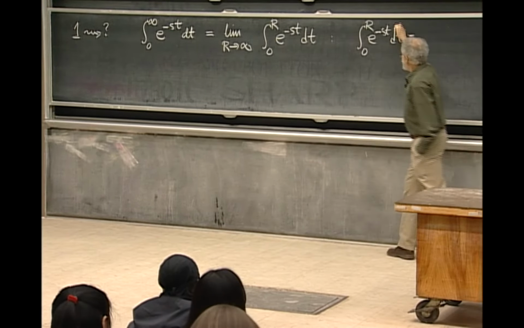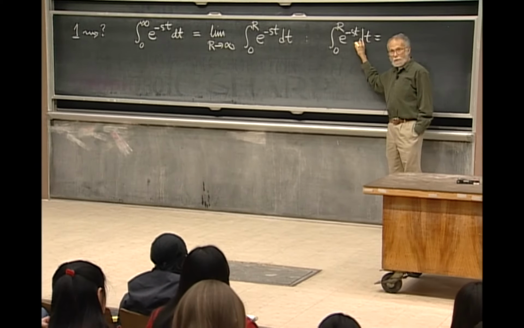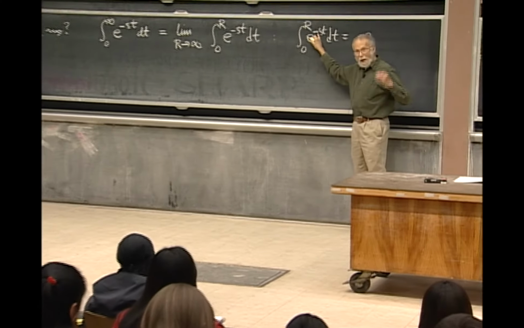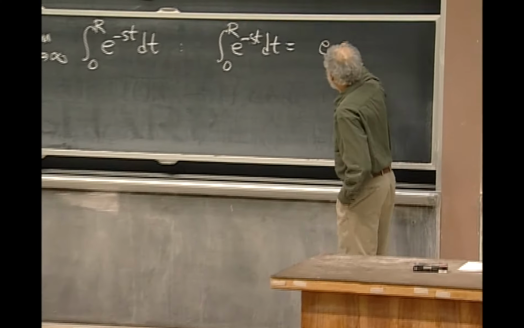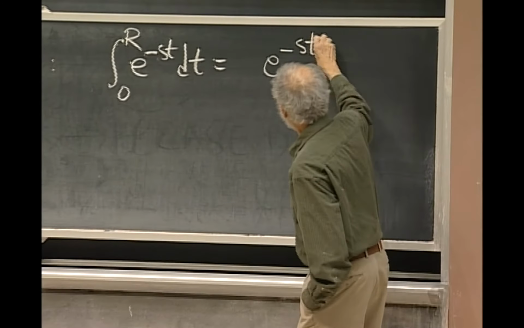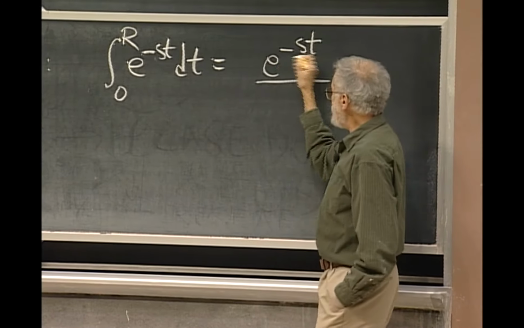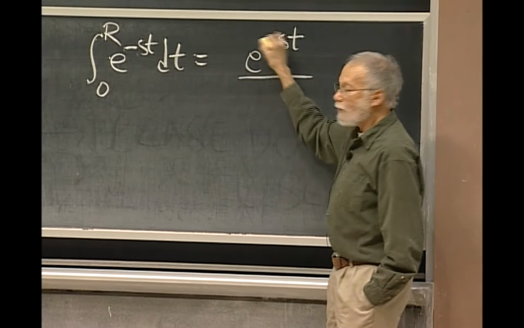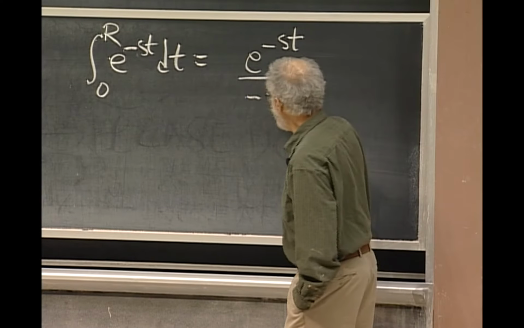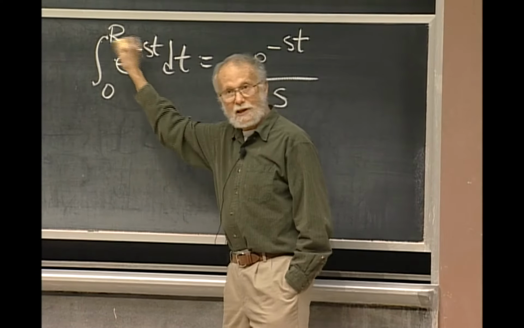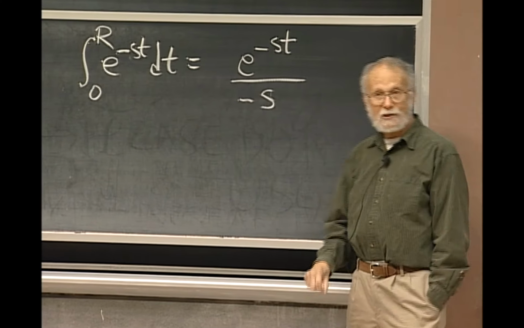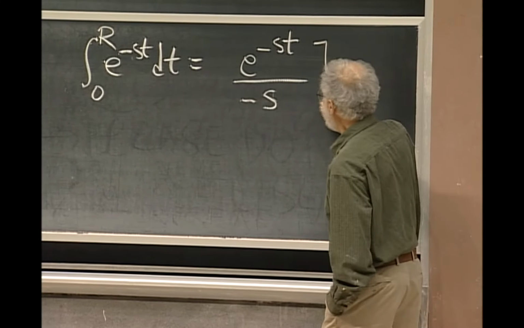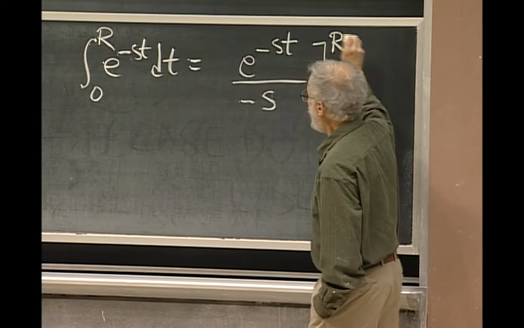It's just integrate. Remember that you're integrating with respect to t. So s is a parameter. It's like a constant, in other words. So it's e to the minus st. And when I differentiate it, the derivative of this would have negative s. So to get rid of that negative s, so the derivative is e to the minus st, you have to put a minus s in the denominator.